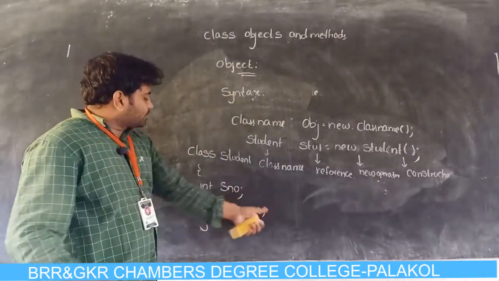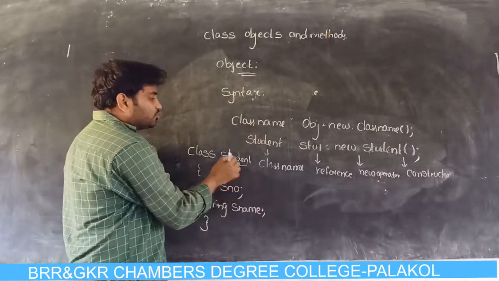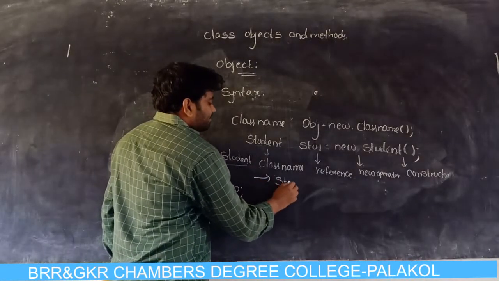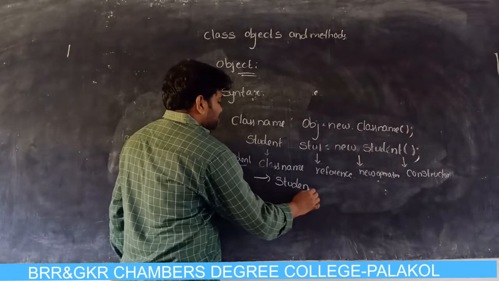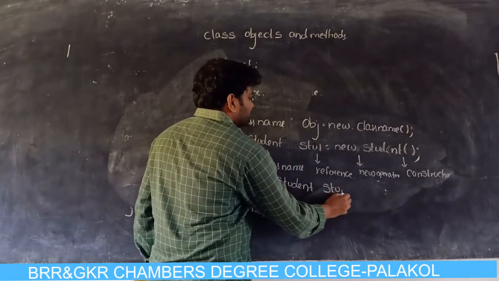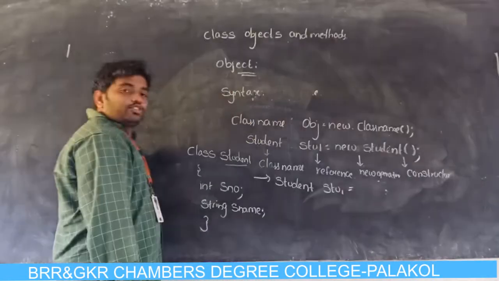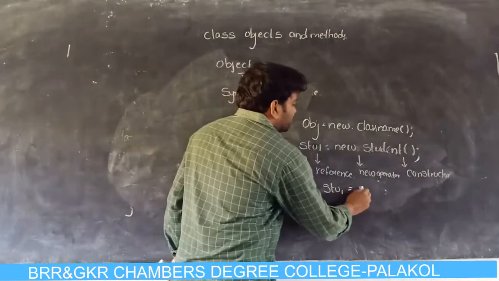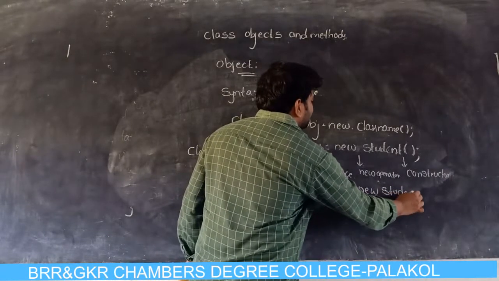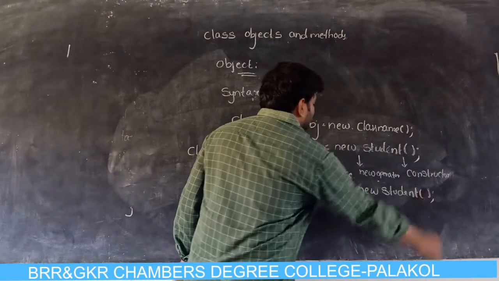You declare the object. The class name is Student. The object name is stu1, new keyword, Student, open parenthesis and close parenthesis.